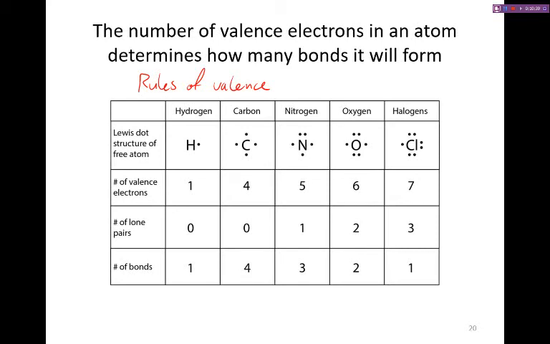And again, what you're looking for is the number of valence electrons is going to dictate how many bonds it will form. So essentially, the number of bonds it will form is equal to 8 minus the number of valence electrons, or 2 in the case of hydrogen. Now, there are exceptions to this, but this is the general rule. And this is helpful, we will see later once we start looking at things called formal charge.